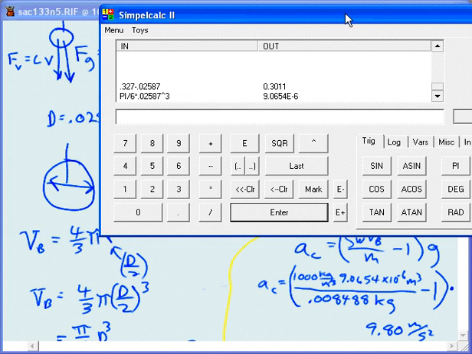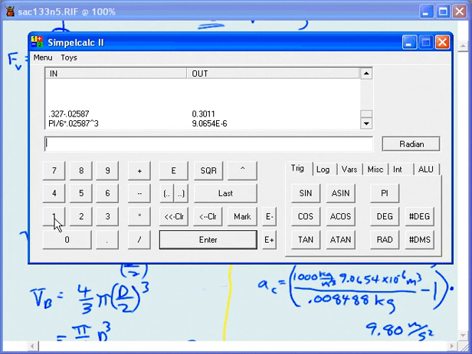And I get, it's 1,000 times 9.0654 times 10 to the minus 6.